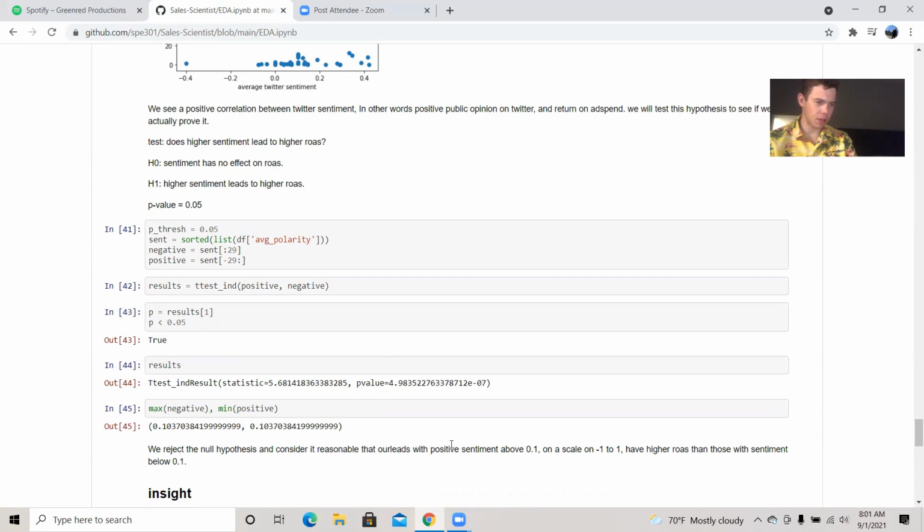So essentially, this means that those companies with positive sentiment have significantly better return on ad spend than those with negative sentiment.